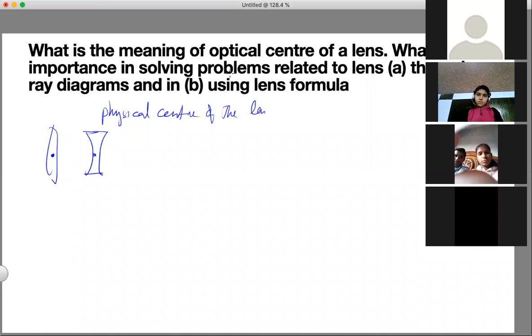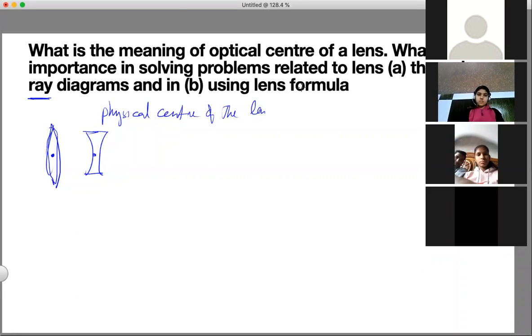What is its importance in the two cases? पहले इसमें बताइए, रे डायग्राम जब हम बनाते हैं तब हम ऑप्टिकल सेंटर का क्या हमारे लिए वैल्यू होती है, क्या हम इसका यूज करते हैं उस समय रे डायग्राम्स में? Measure all the length from optical center. हाँ, which is in case of formula, a measurement.